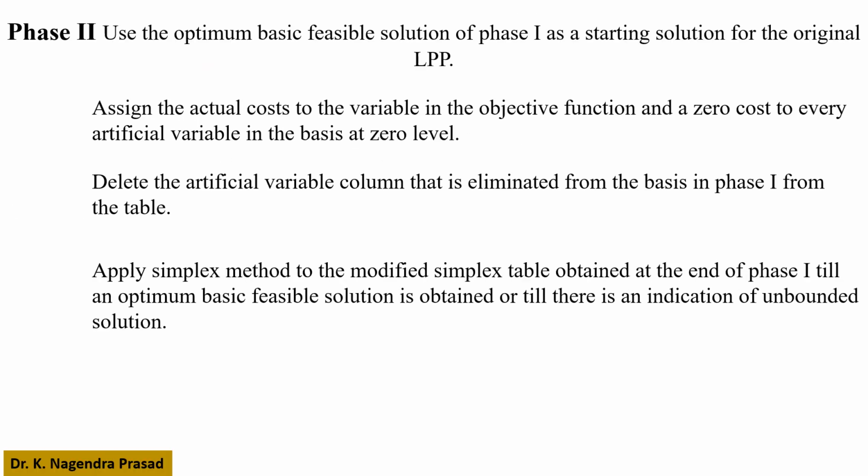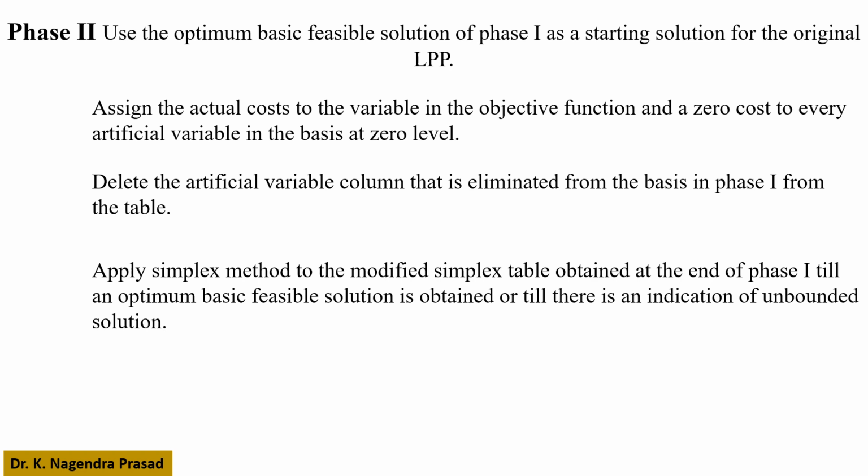In phase 2, use the optimum basic feasible solution of phase 1 as a starting solution for the original LPP. So in phase 2, we start with the final simplex table of phase 1.